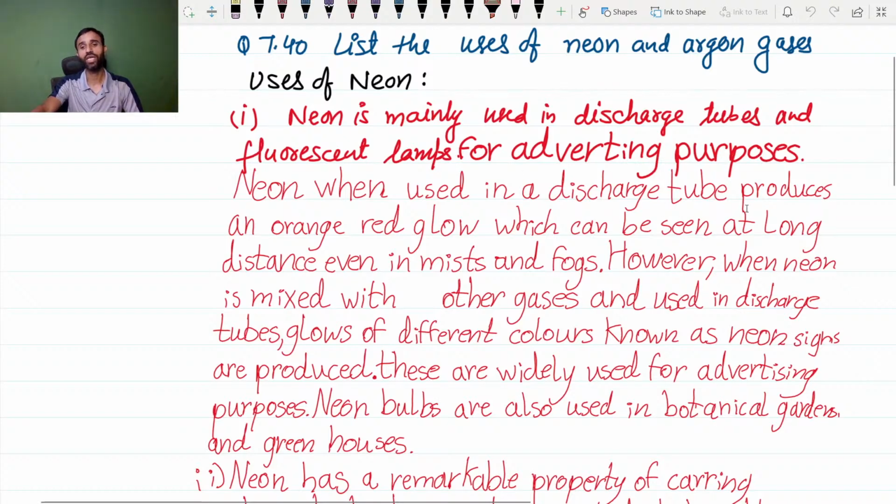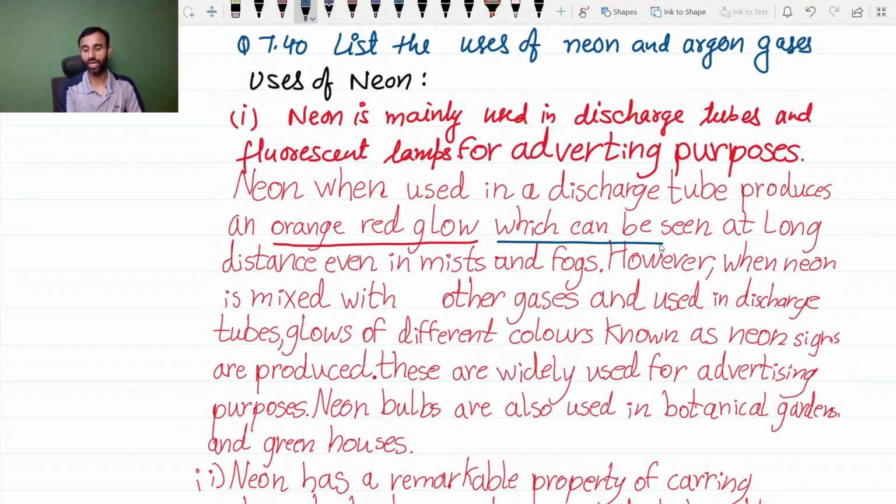And neon, when used in a discharge tube, produces an orange red glow, which can be seen at long distance, even in mists and fogs. That's why they are known as fog lights.